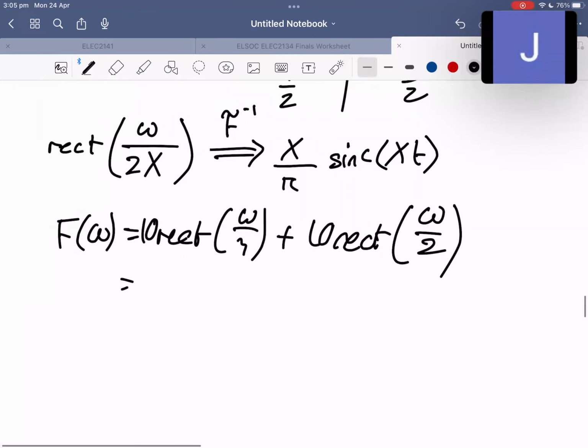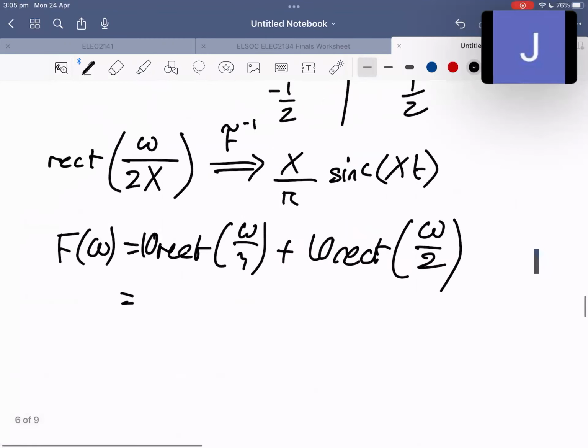And using the transform pair, I can get to the time domain function f of t. So I'll have a constant 10 out the front, and then, remember we have 2x on the bottom where the width is x.